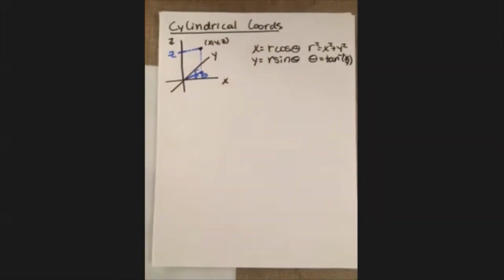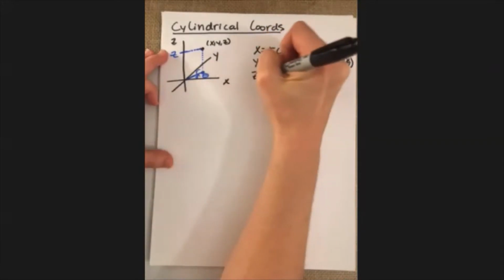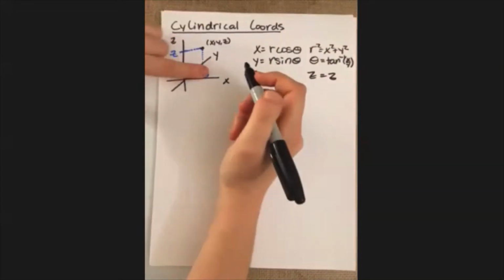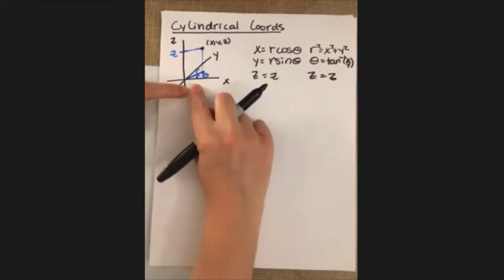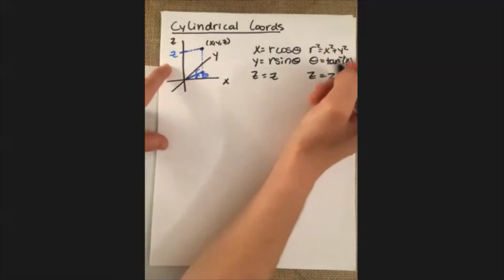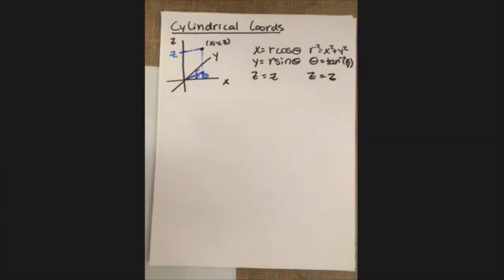Really all we're doing is saying we still have our polar coordinates and we're just letting z be equal to z. So we've squished it down to the XY plane, done polar coordinates, and then treat z as though we're moving it up and down with a little elevator. And that gives us our information about the height. So that's pretty much all there is to cylindrical coordinates.